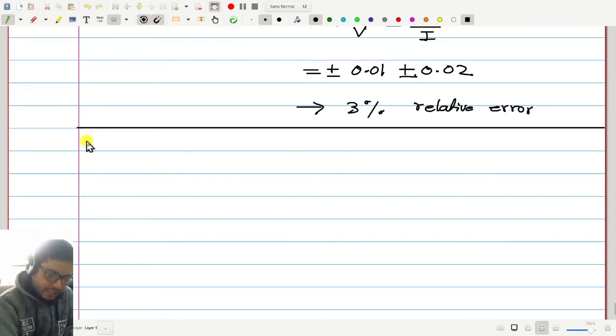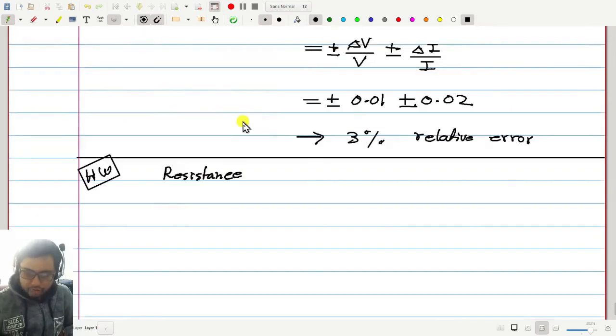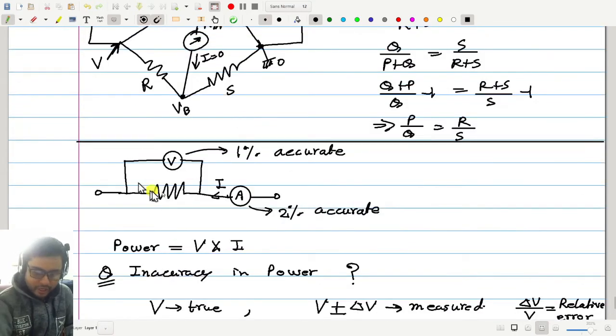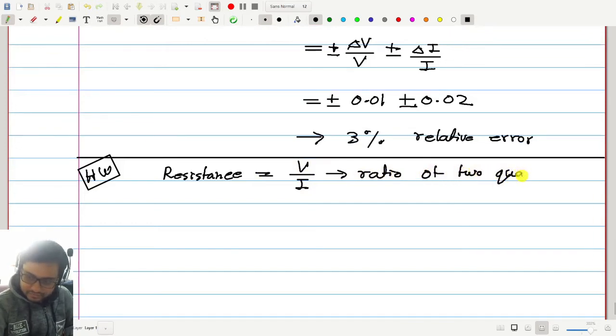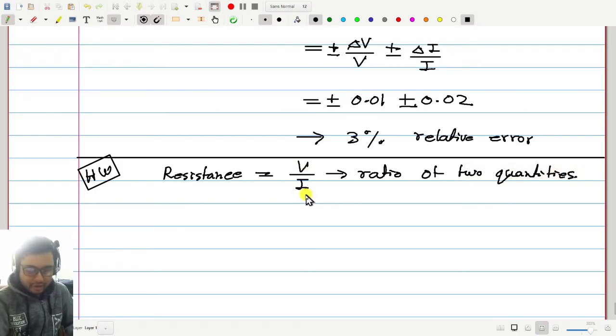Next, let me give you a homework. Suppose you want to measure the resistance as above. From here you can measure resistance as V by I. So this is now a ratio of two quantities, and both of them are erroneous.